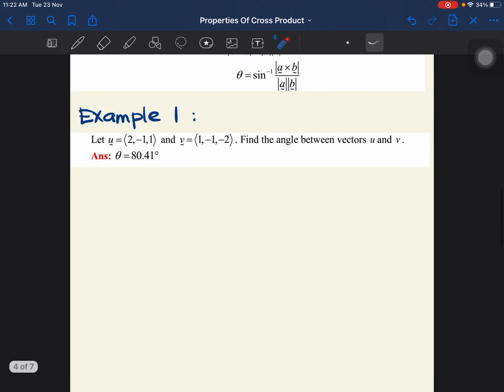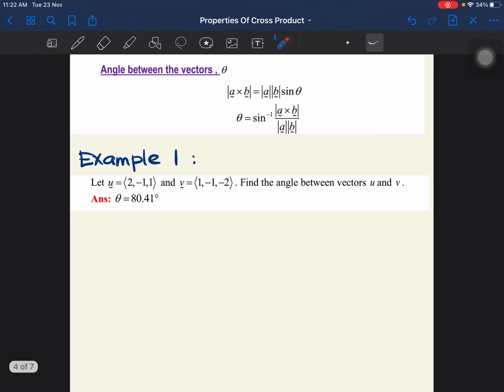Now let's try to solve this one by applying the cross product. You are given two vectors U and V. What you need is to find U cross V. You also have to find the magnitude of U and the magnitude of V. First, U cross V. U is equal to 2, negative 1, 1.